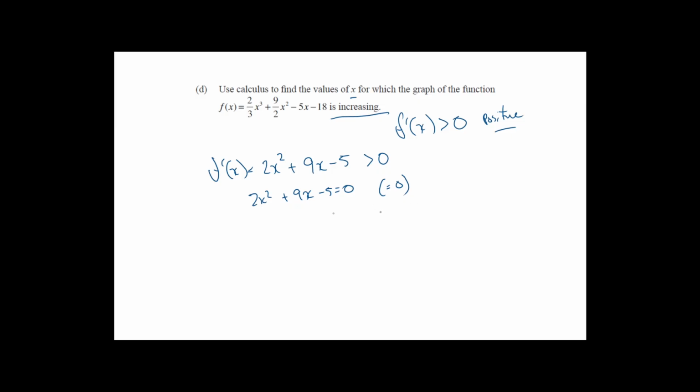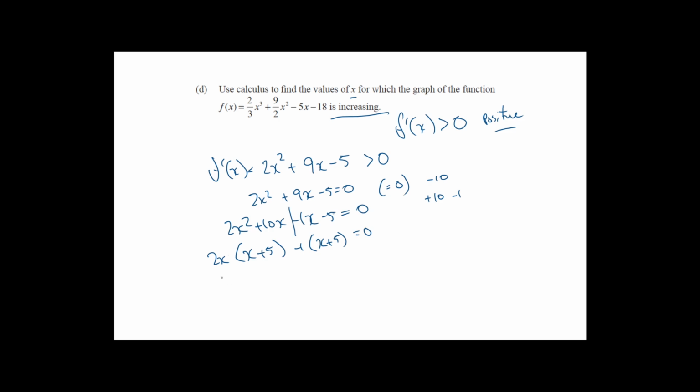Okay, so 2 times negative 5 is negative 10. So it's going to be plus 10 and negative 1. So 2x squared plus 10x minus 1x minus 5, and that equals 0. Then we're going to divide and conquer. So common factor there is 2x, x plus 5, and here it's going to be negative 1, x plus 5.